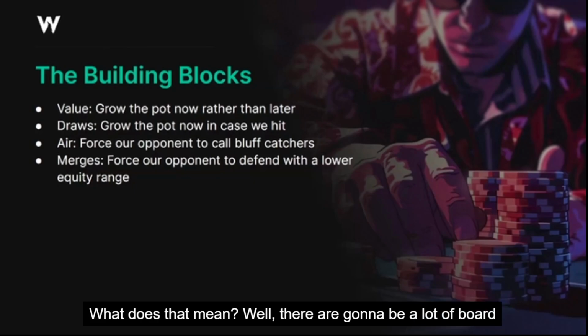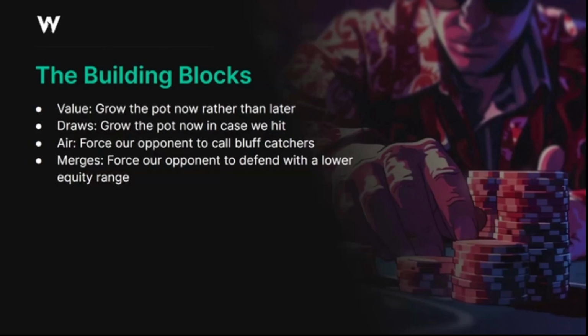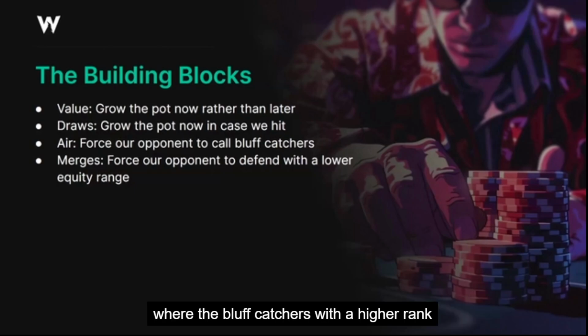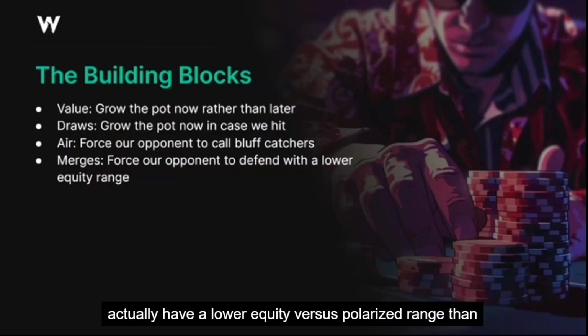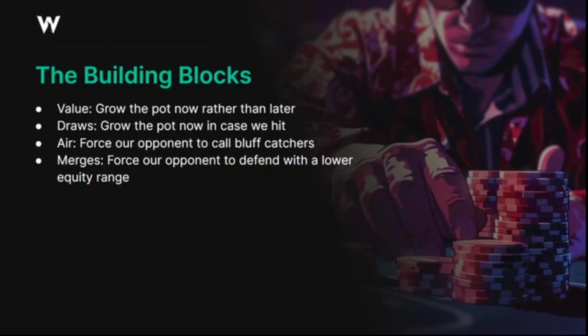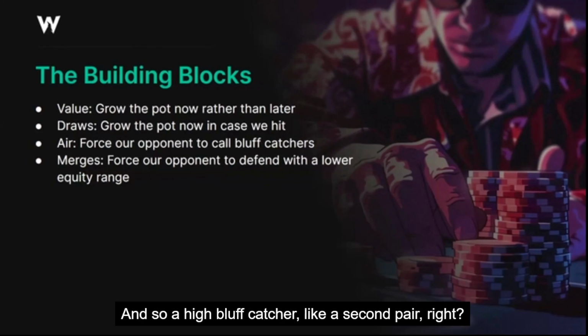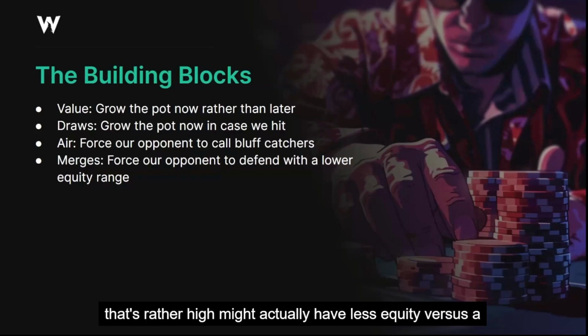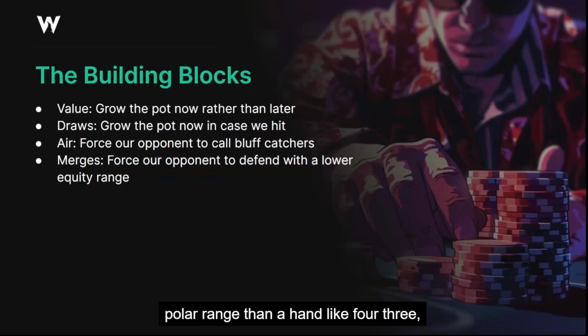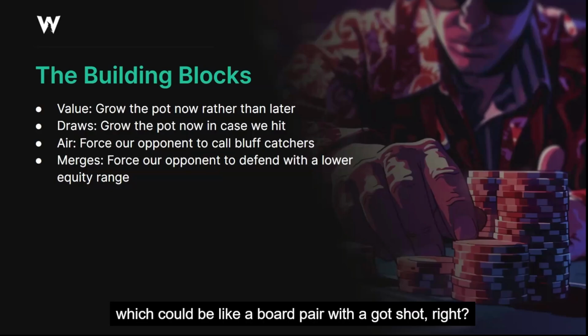What does that mean? Well, there are going to be a lot of boards where the bluff catchers with a higher rank actually have a lower equity versus a polarized range than bluff catchers with a lower rank. For example, we will look at an example where there's a low straight on board. And so a high bluff catcher, like a second pair or a pocket pair like tens, that's rather high, might actually have less equity versus a polar range than a hand like 4-3, which could be like a board pair with a gutshot, right?